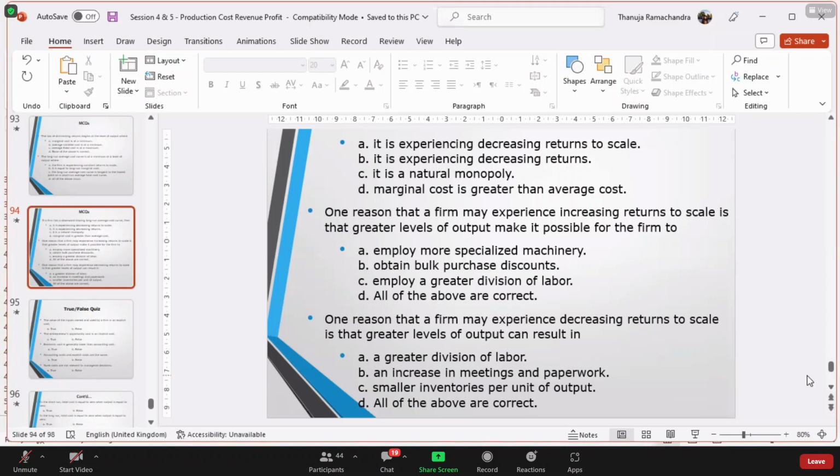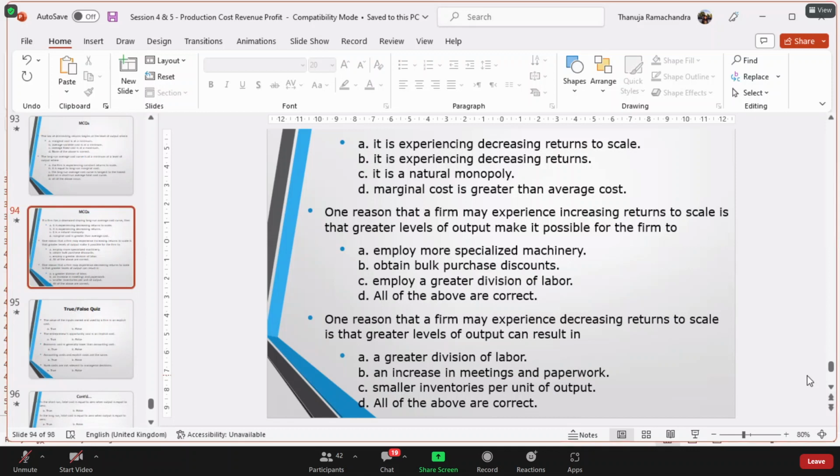One reason that a firm may experience decreasing returns to scale is that greater levels of output can result in greater division of labor. No, indivisibility. We can't divide the labor. That is the issue when we are experiencing decreasing returns to scale, right? Yesterday I said you're expanding your business, but you can't divide the labor and you can't manage the activities in various branches.